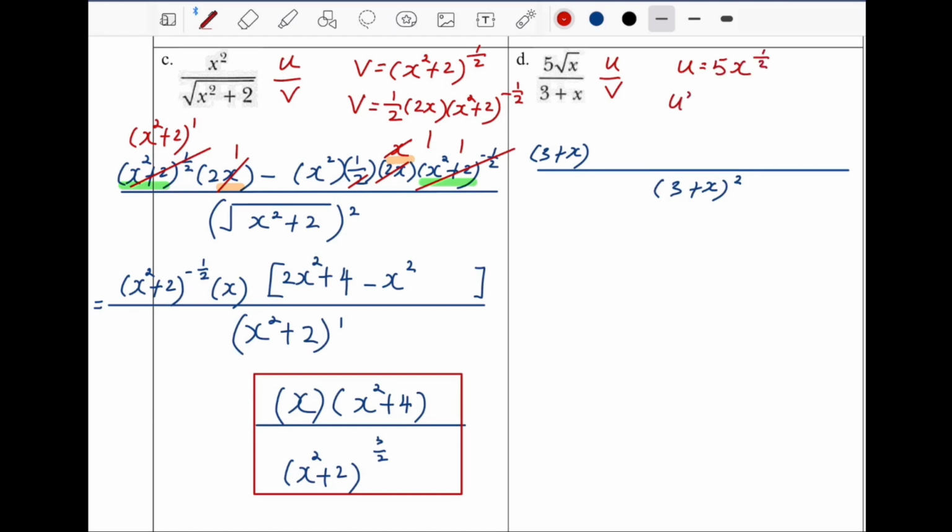When I differentiate, 1 over 2 times 5 minus 1, 5 over 2 x power negative 1 over 2. So put it here. Okay. Followed by minus U, so U, V prime, 3 plus x differentiate 1, right, from here 1.